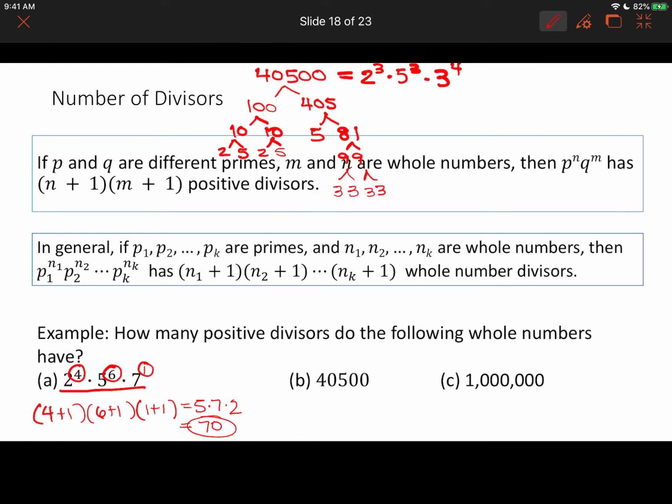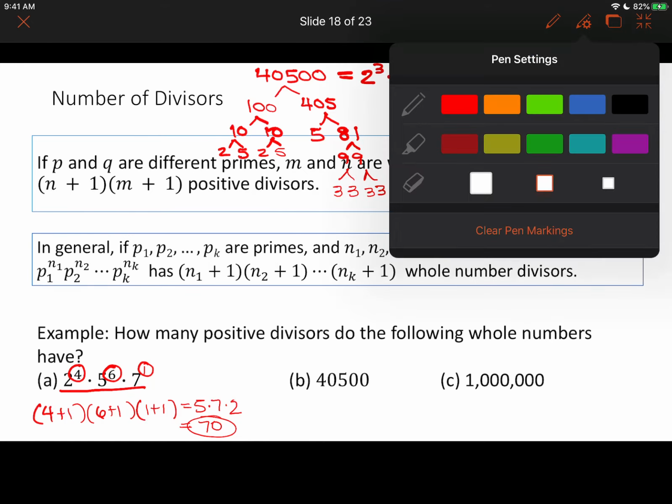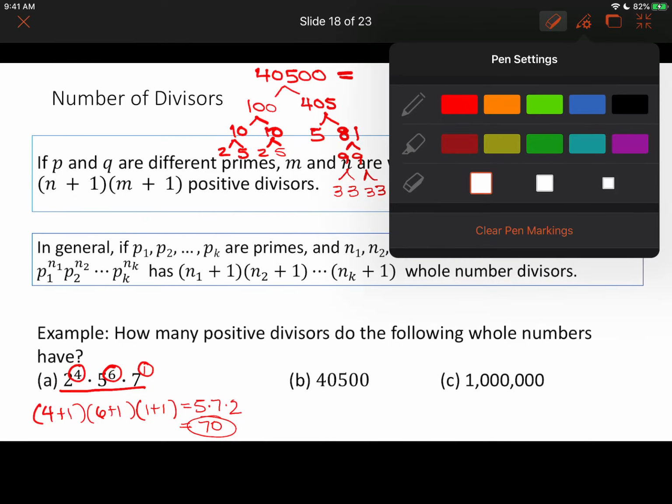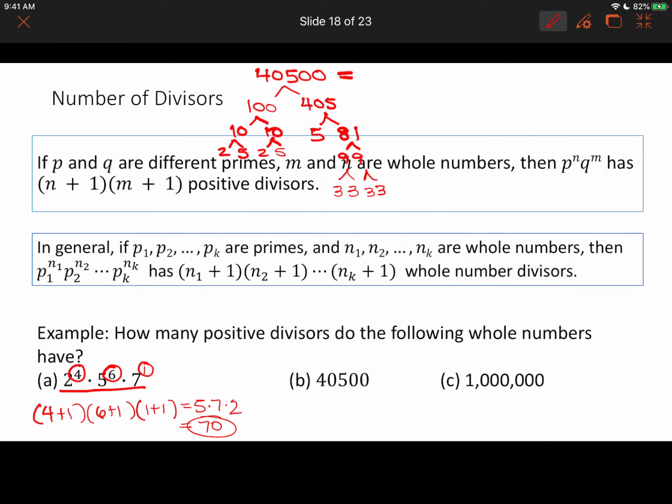Oops, I wrote my 2's wrong, so you shouldn't agree, my goodness. This should be a 2 squared, right? Let's look more closely. I've got 2 2's, 3 5's, and 4 3's. So 2 squared times 5 cubed times 3 to the 4th.